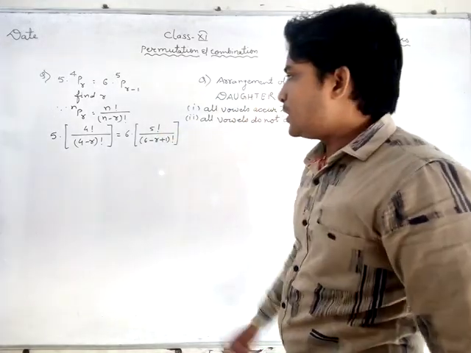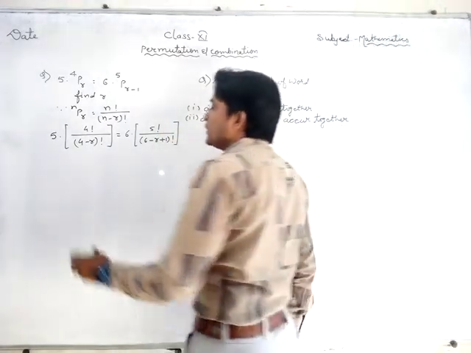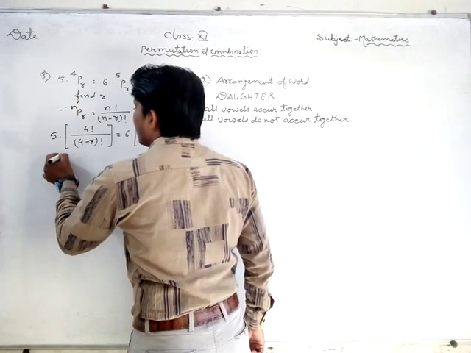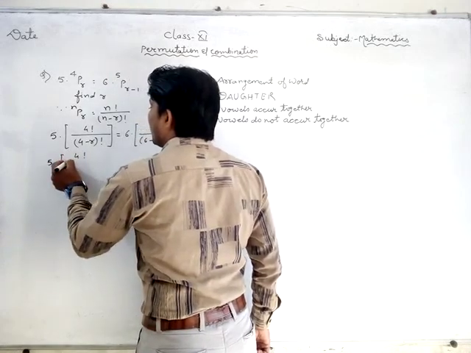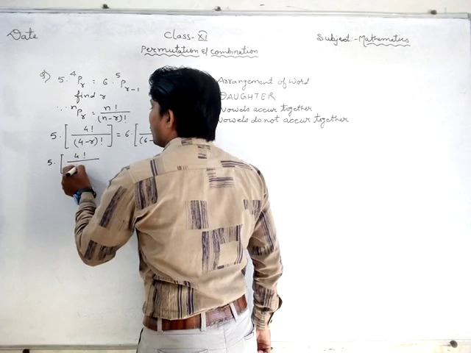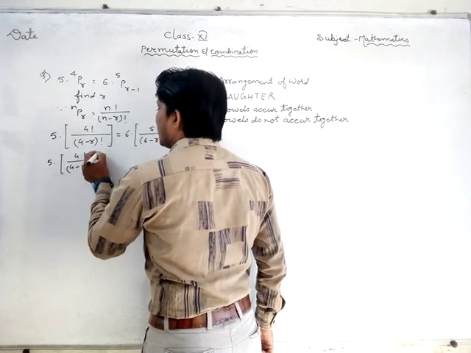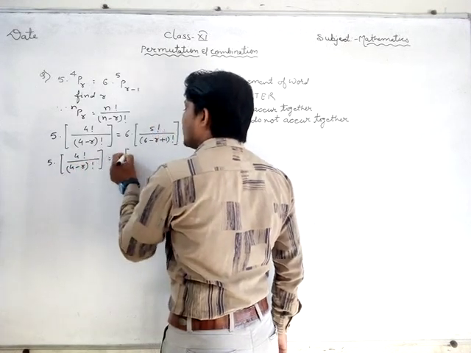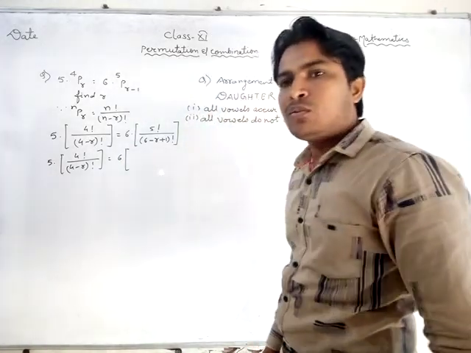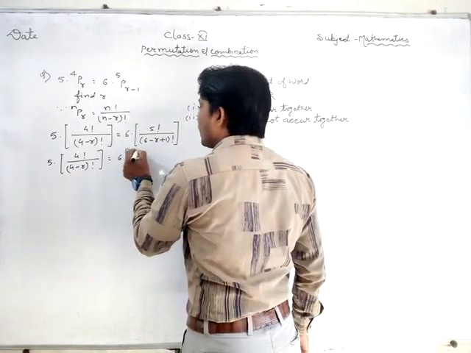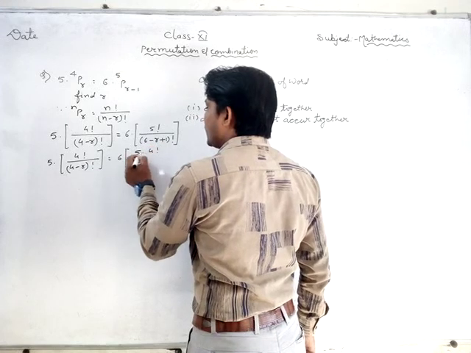Now if we solve, we have 5 as it is, 4 factorial divided by (4 minus r) factorial, and if we open the 5 factorial, we get 5 into 4 factorial.